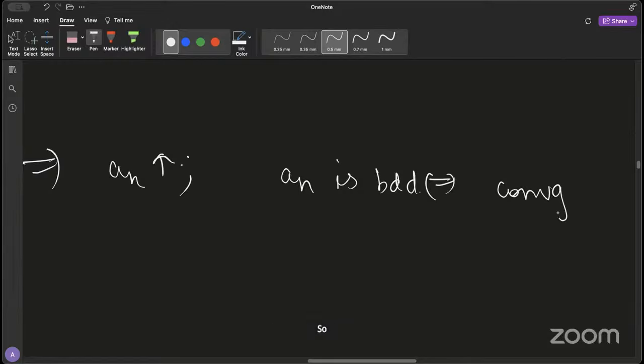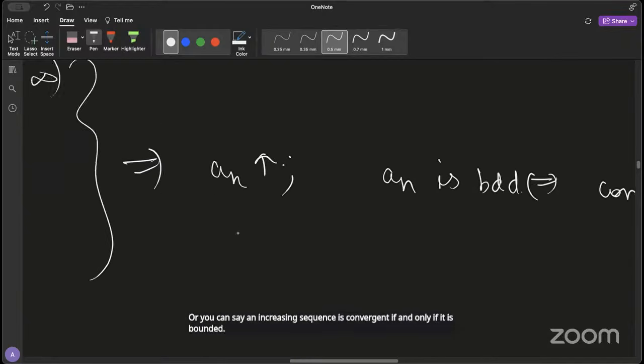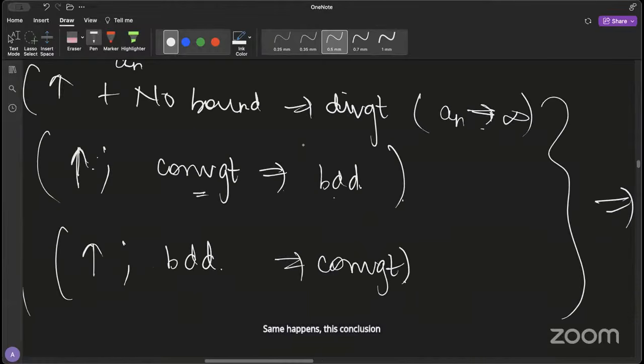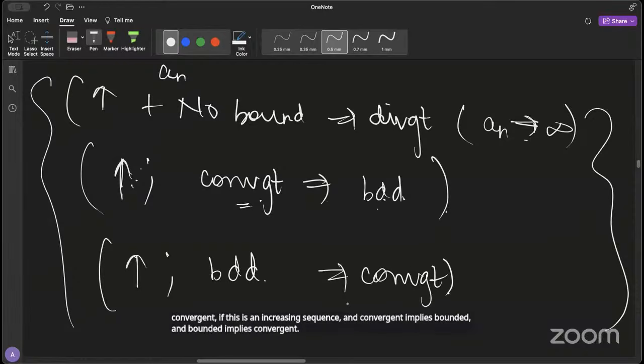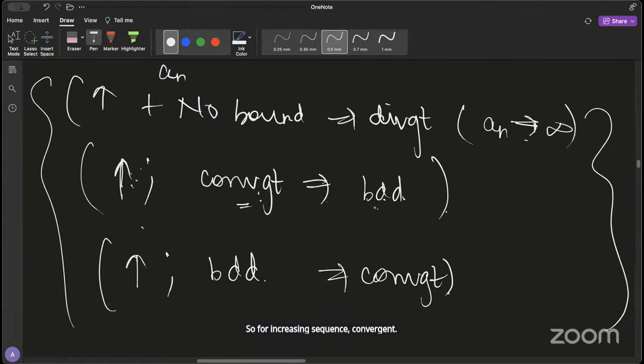So an increasing sequence is bounded if and only if it is convergent. Or you can say an increasing sequence is convergent if and only if it is bounded. This conclusion we have drawn from here. Convergent implies bounded, and bounded implies convergent. So for an increasing sequence, convergence and boundedness imply each other.